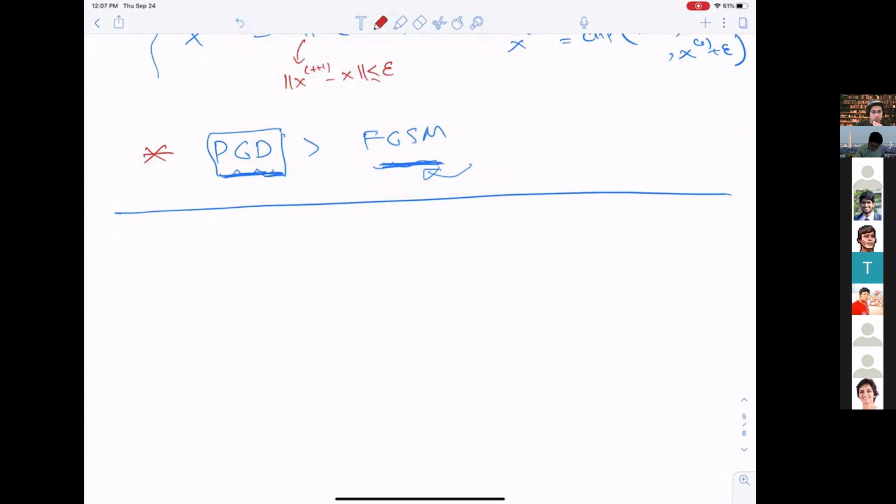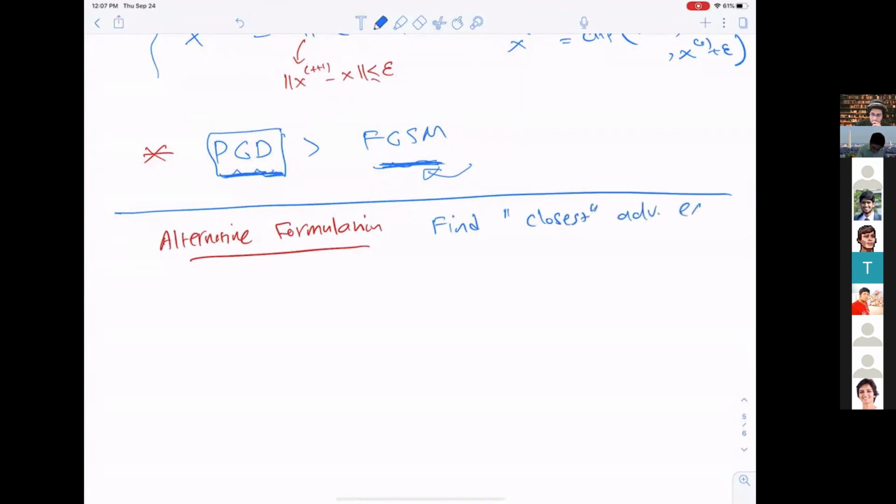So maybe, perhaps a better formulation would be the following, that we want to find the closest adversarial example to our input.